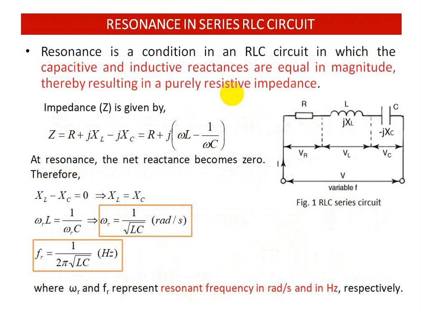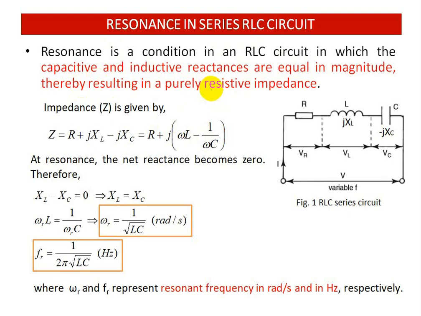Resonance in series RLC circuit. Resonance is a condition in a circuit in which capacitive and inductive reactances are equal in magnitude, thereby resulting in a pure resistive impedance.